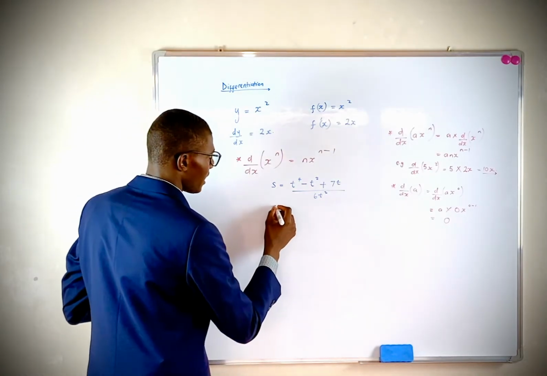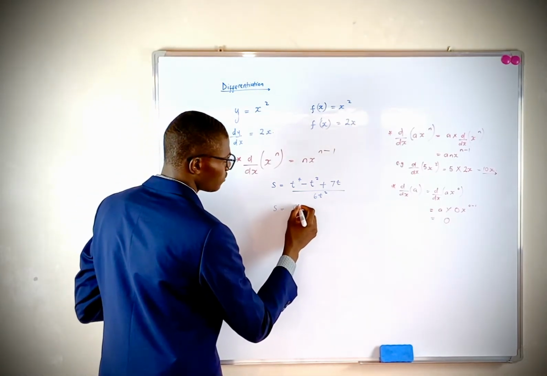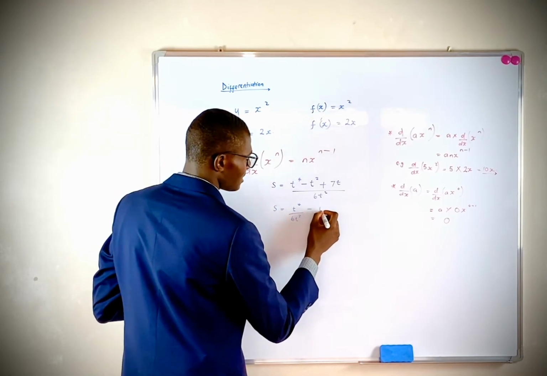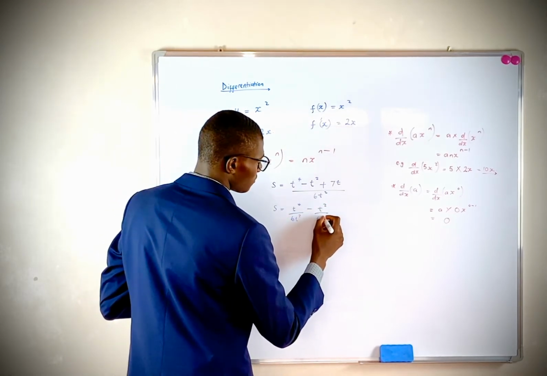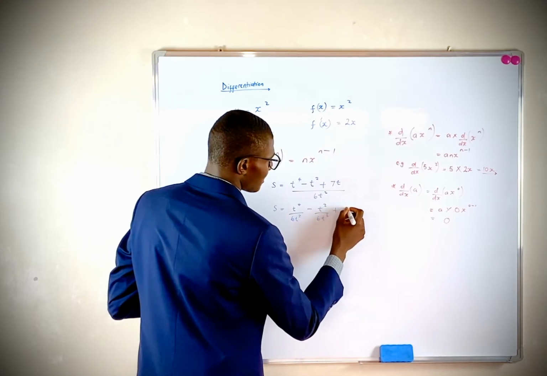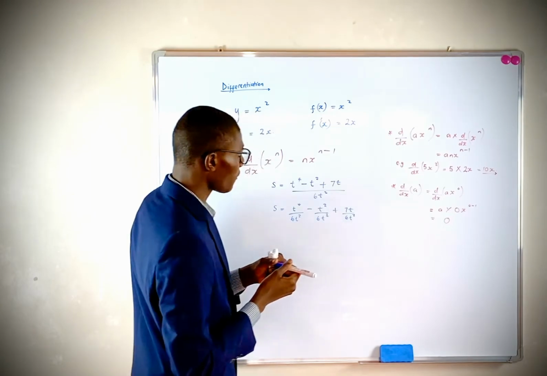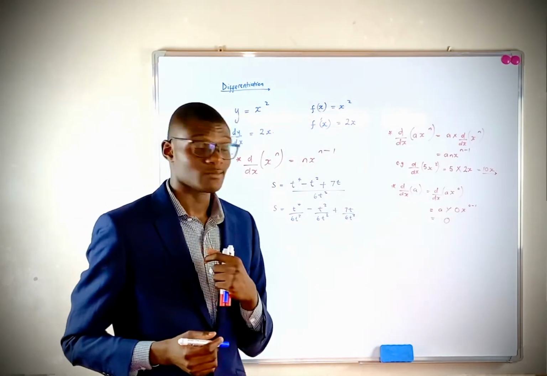We're going to say s is equal to t to the power of 4 over 6t squared minus t squared over 6t squared plus 7t over 6t squared. So now we know we can simplify each of these terms.